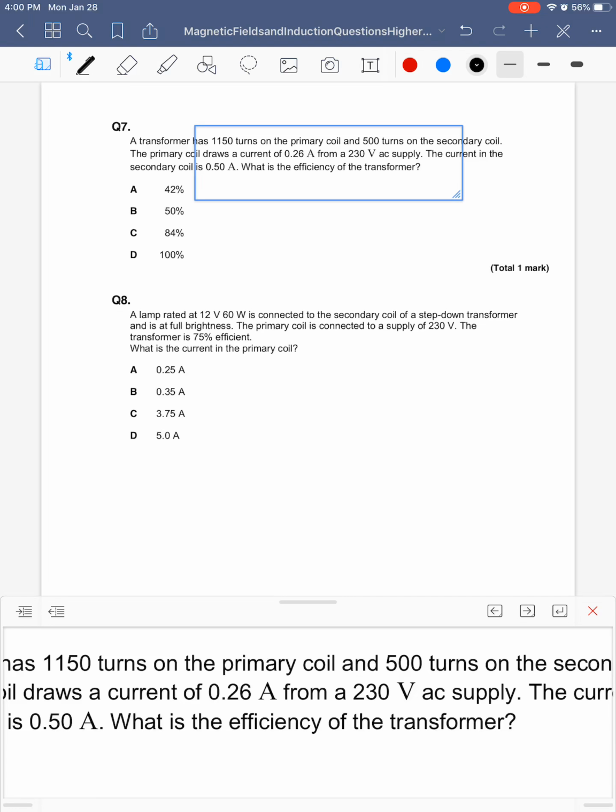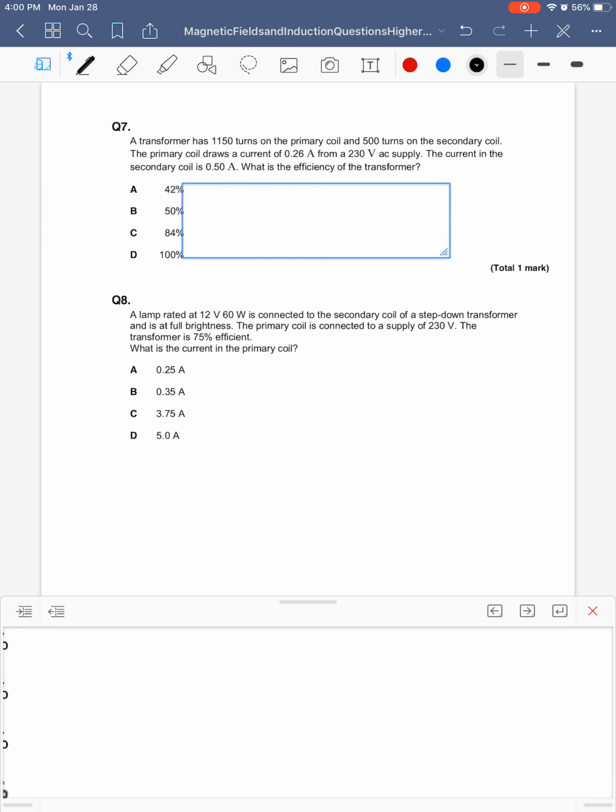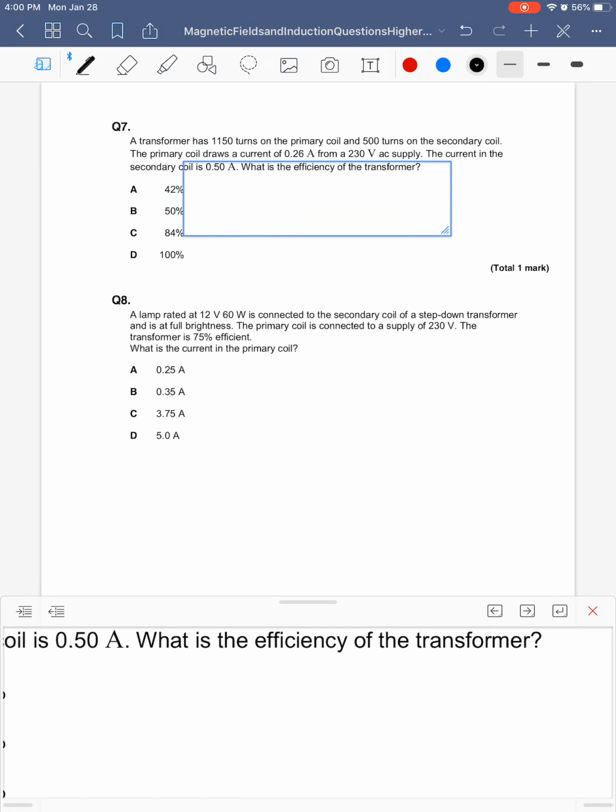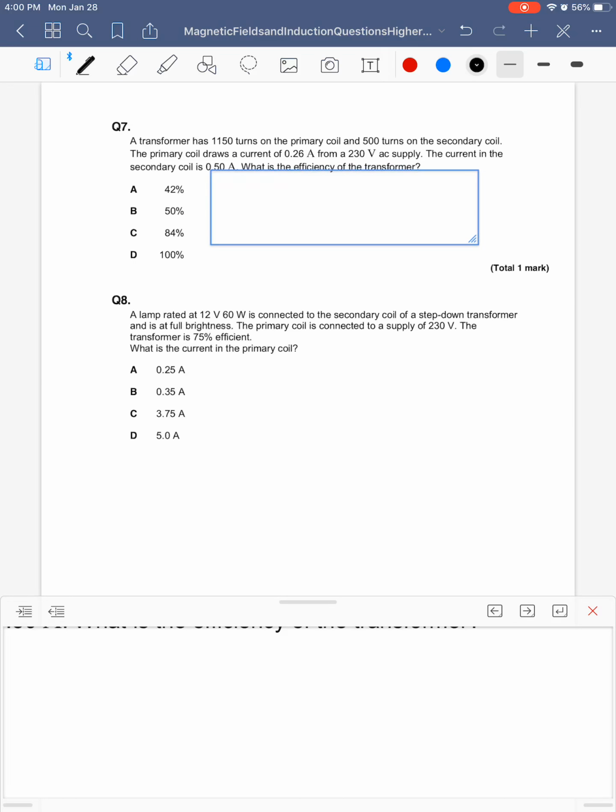Okay, so it's actually sort of a two-part thing. We need our new voltage.